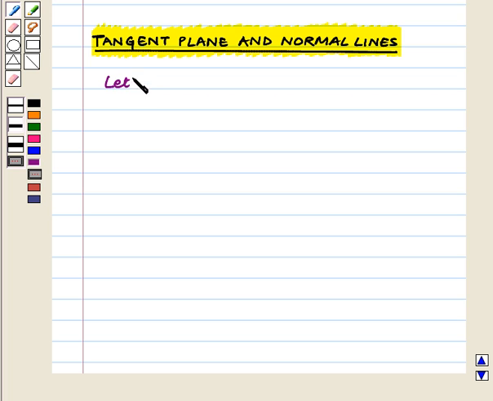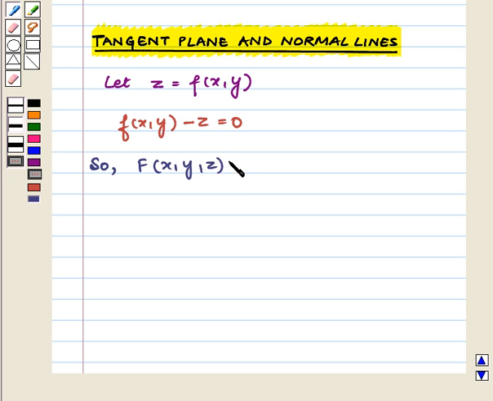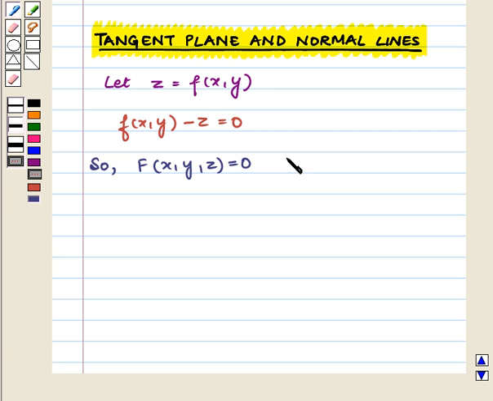Let z be equal to f of x, y. We can write it as f of x, y minus z equal to 0. So capital F of x, y, z is equal to 0, where capital F of x, y, z is equal to f of x, y minus z.